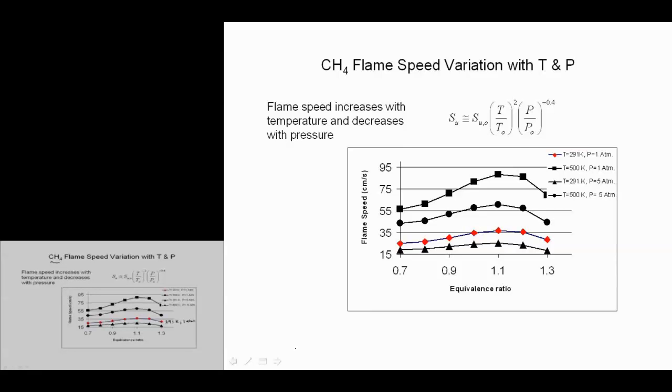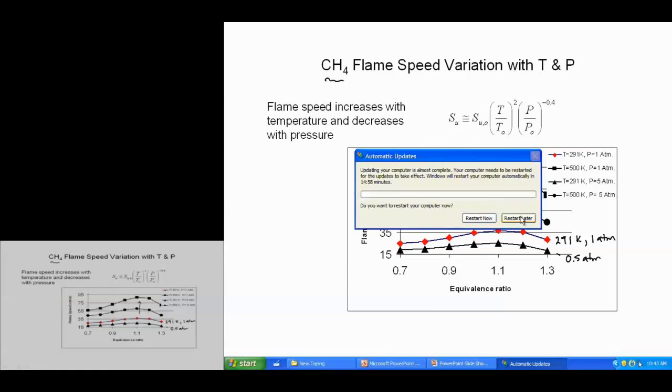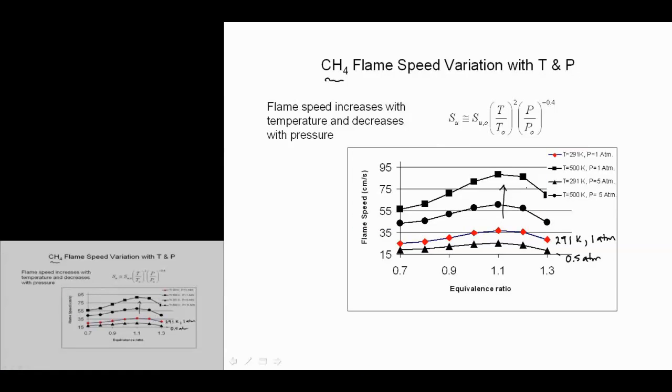When we go to half an atmosphere, we get a reduction in the propagation speed. As we go to high temperature, of course, we get a significant increase in the laminar flame propagation velocity. What this shows is that there are greater hazards at high reactant temperatures than at low reactant temperatures.